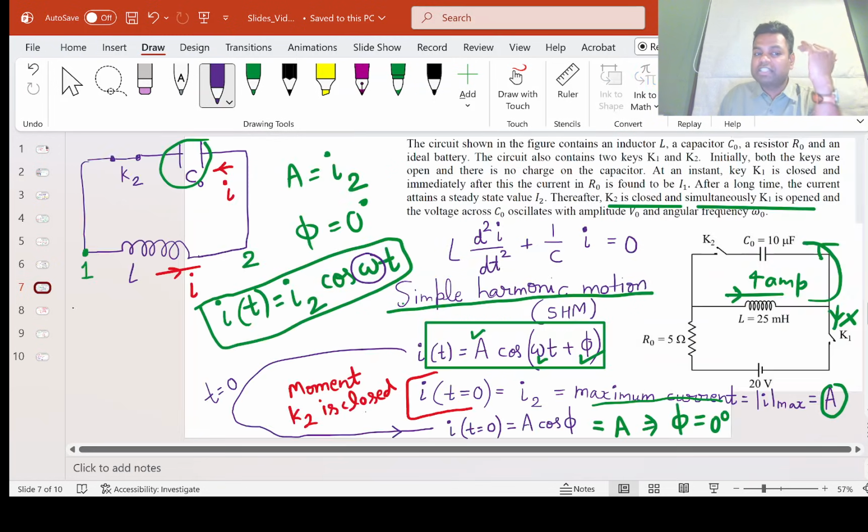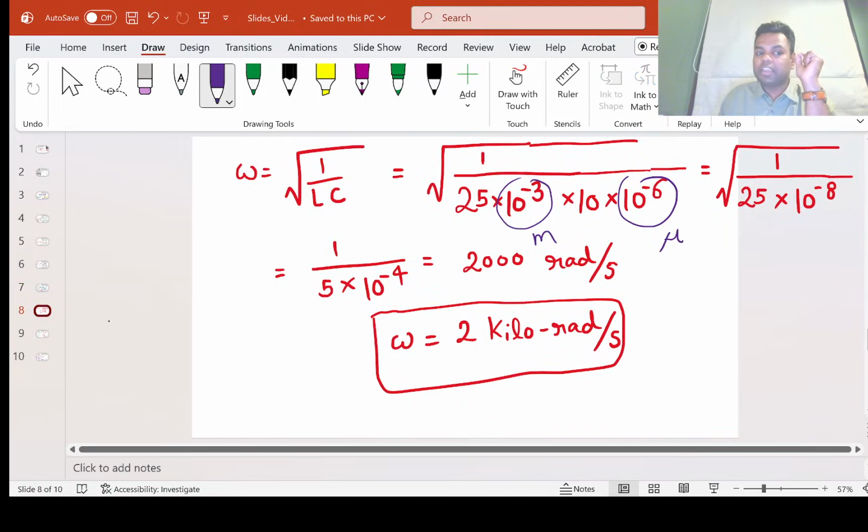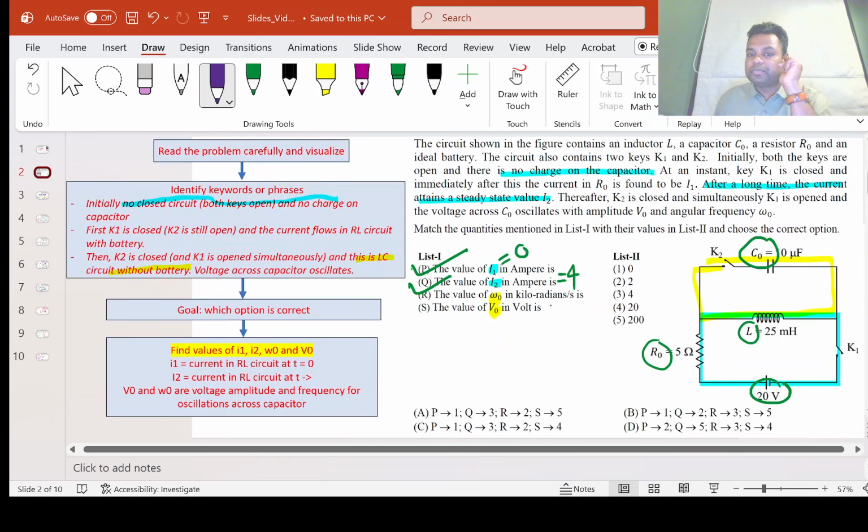If you miss that, you will get the wrong answer. See, micro and milli. Do not forget these small details. If you do that, you will get omega equal to 2000 radian per second, that is 2 kilo radian per second. So if you go back here, it says omega naught in kiloradians per second, so we get answer 2. We solved this.